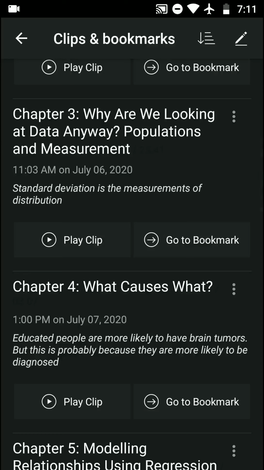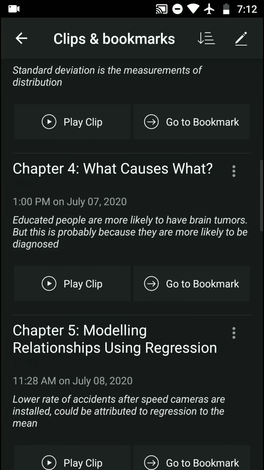Standard deviation is the measurement of distribution. How far is it? Educated people are more likely to have brain tumors, but this is probably because they are more likely to be diagnosed. Research came out with the idea that people who have degrees are more likely to have brain tumors, and they started to have all kinds of speculations and theories.